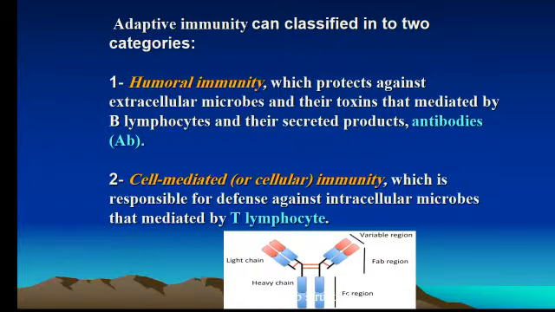And then we will repeat the cell-mediated or cellular immunity. There is a picture explaining the light chain and variable region, also the Fab region, also the Fc region. Then we have the heavy chain and light chain.